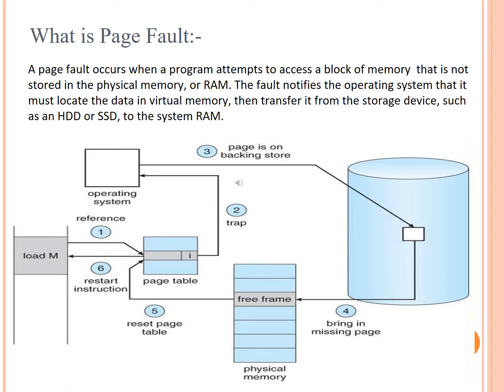The computer hardware traps to the kernel and the program counter is saved on the stack. Current instruction state information is saved in the CPU registers. An assembly program is started to save the general registers and other volatile information to keep the OS from destroying it.